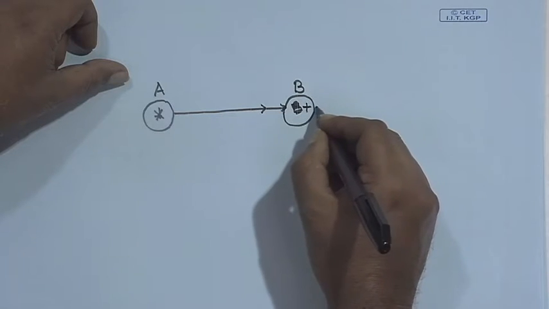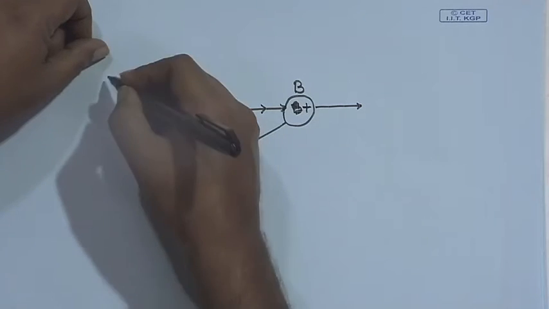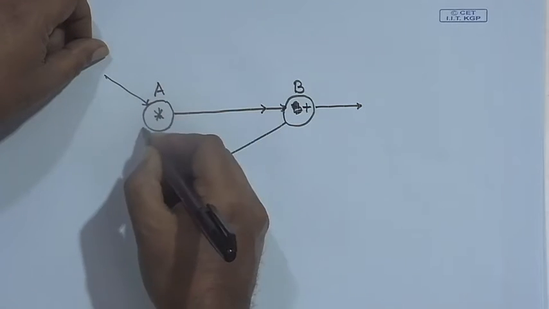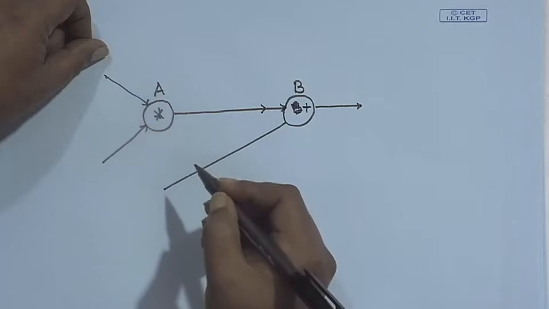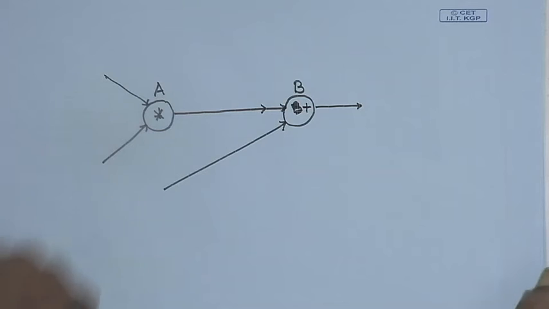All right. And A is getting input from two data sources, and B is getting the output of A and something else.